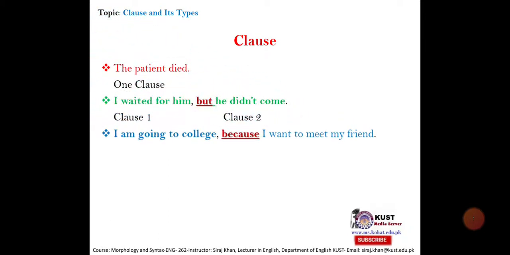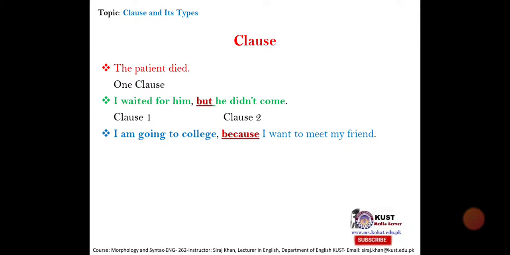A third example, I'm going to college because I want to meet my friend. Here, I'm going to college is one clause, comma, because I want to meet my friend. I want to meet my friend is another clause. But here we have a subordinating conjunction, because, that gives us a dependent clause.